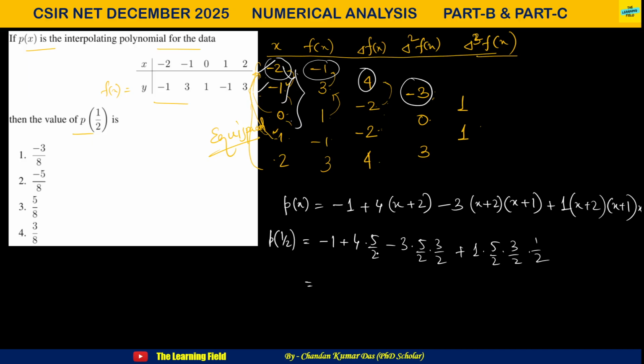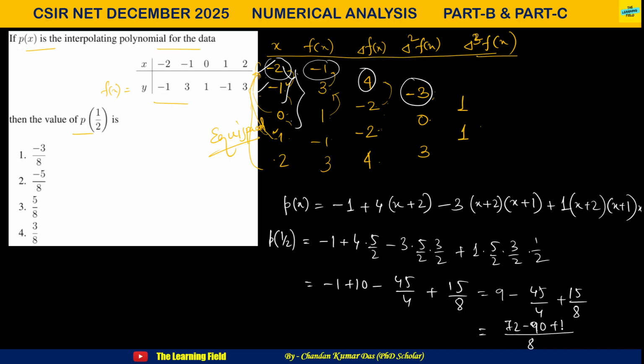So this is equal to -1 plus 10 minus 45 upon 4 plus 15 upon 8. So this is equal to 9 minus 45 upon 4 plus 15 upon 8. So this is equal to, 8 is the LCM, 72 minus 90 plus 15 by 8.